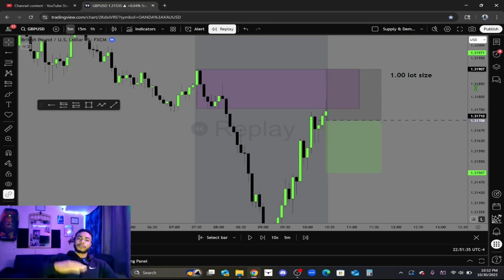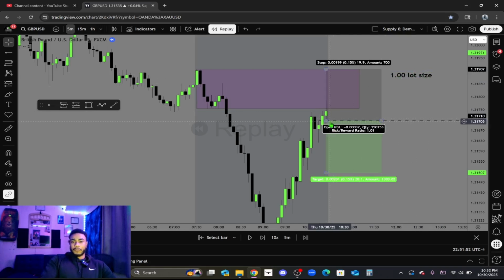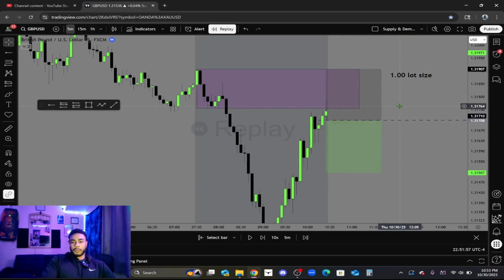So every point, $10, $10, $10, all the way up to 20, which will equal $200. If you were to lose this trade with your stop loss at 20 points, you're risking $200, and this is the lot size you will use if you got in at this area, which equals 20 pips risk.